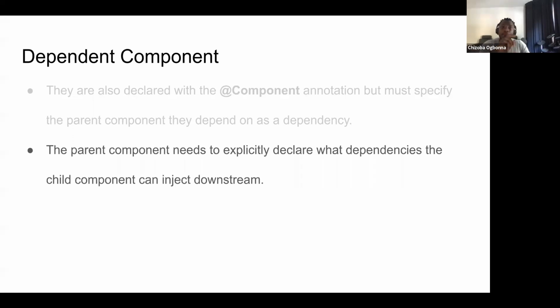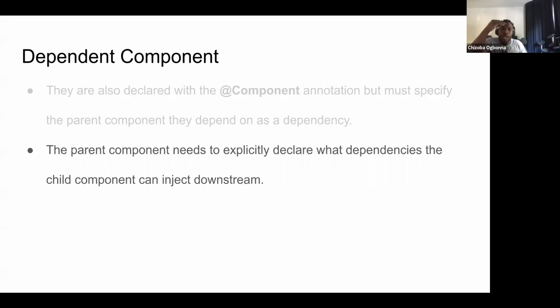It's also important that the parent component holds the modules, and the modules provide the dependencies. So if I'm a dependent component depending on the parent component, the parent component must explicitly expose the things that it wants me to give to others that depend on me.